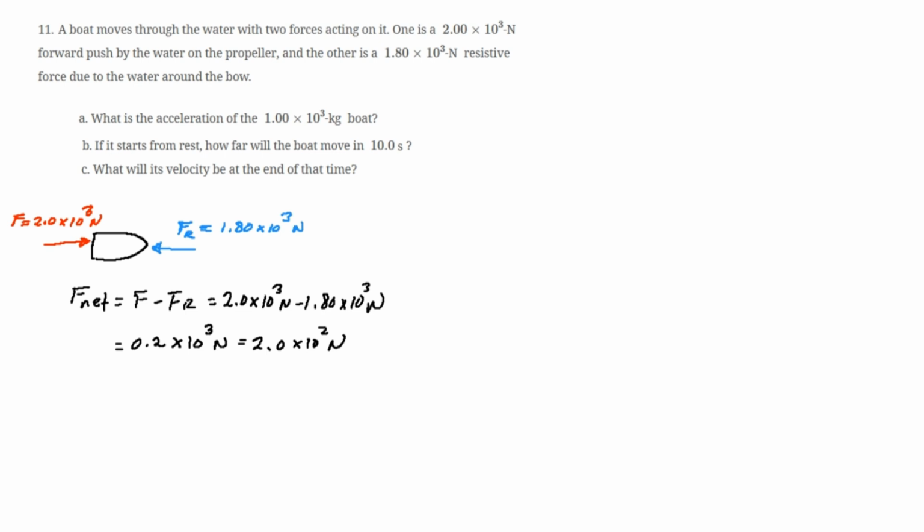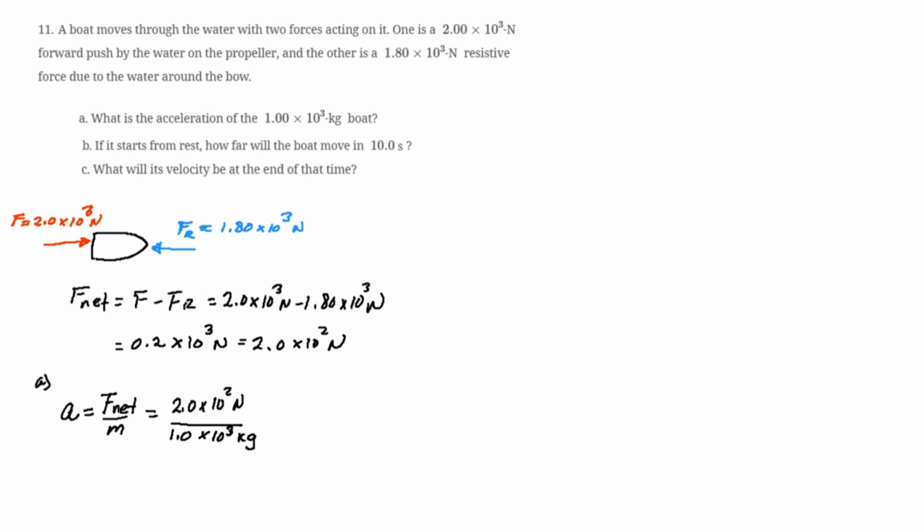Now, if we want to find the acceleration of the boat, we know that the acceleration of the boat is the net force divided by the mass of the boat. The net force is 2.0 times 10 to the second newtons. And the mass of the boat is 1.0 times 10 to the third kilograms.